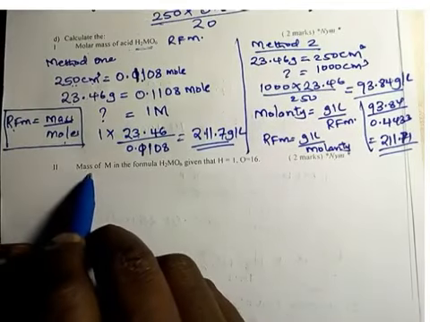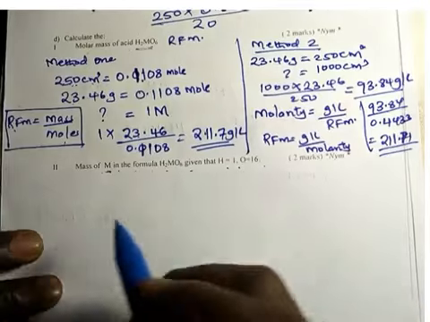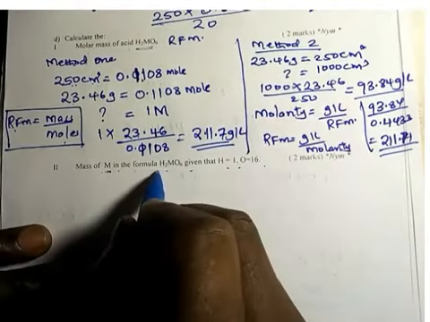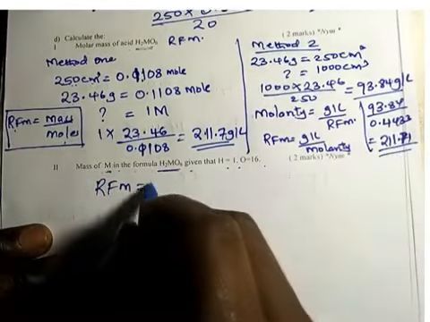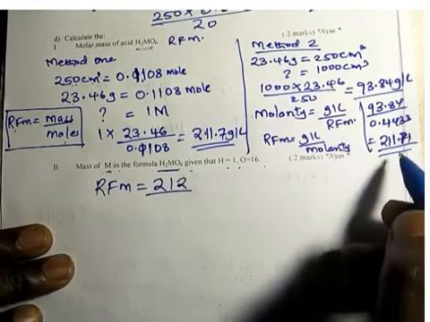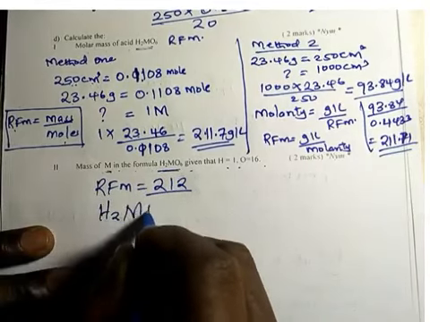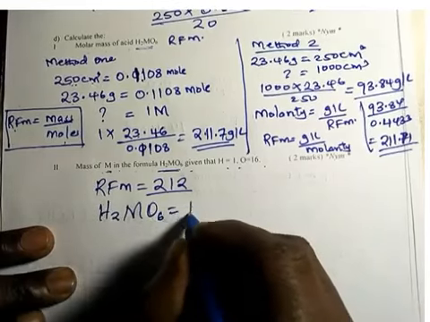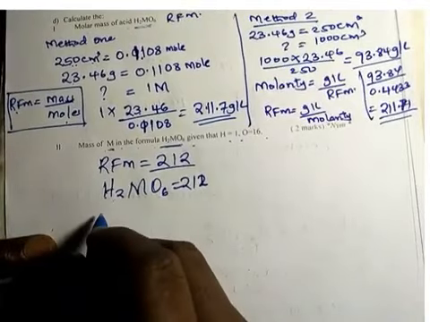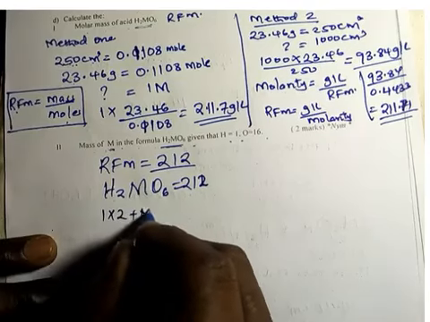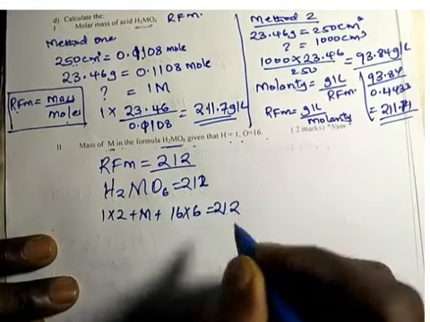Determine the mass of M in the formula H2MO6, given that RFM is equal to this. We have the RFM, which is the molar mass, and we can round it off to 212. So H2MO6 will be equal to 212. H is 1, so 1 times 2 plus M plus 16 times 6 equals 212.